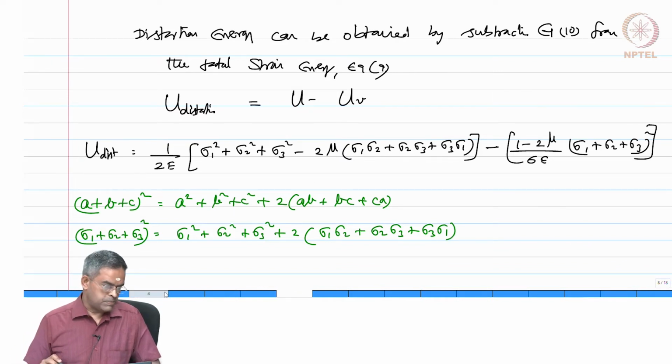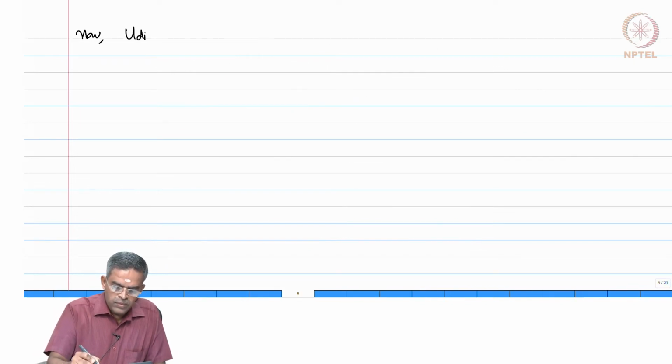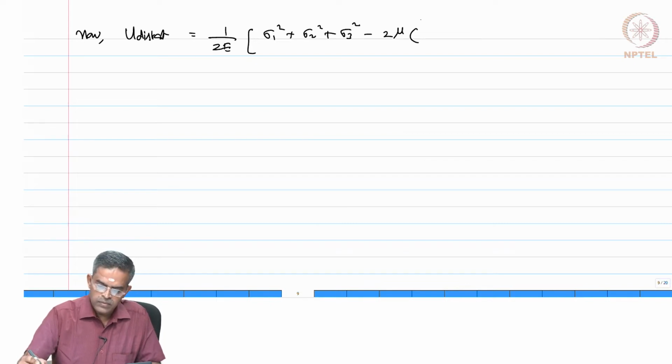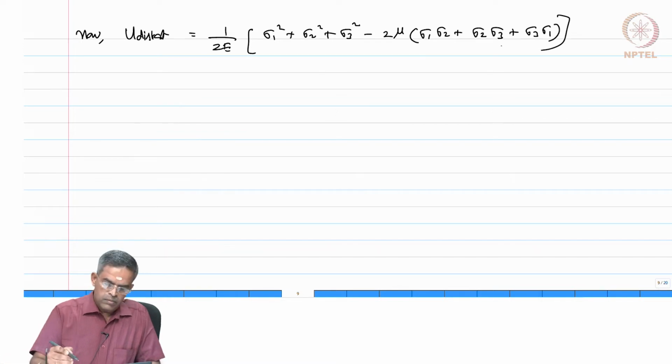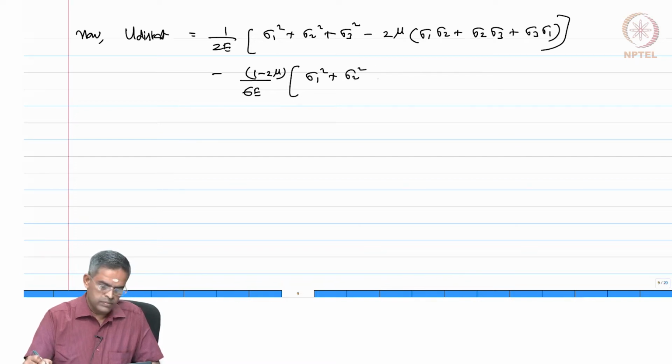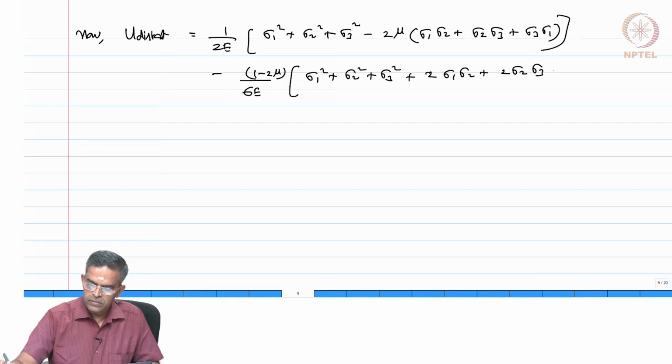So, let us substitute this in the previous expression. So, now U distortion will be 1 by 2E, minus 1 by 6E, okay.